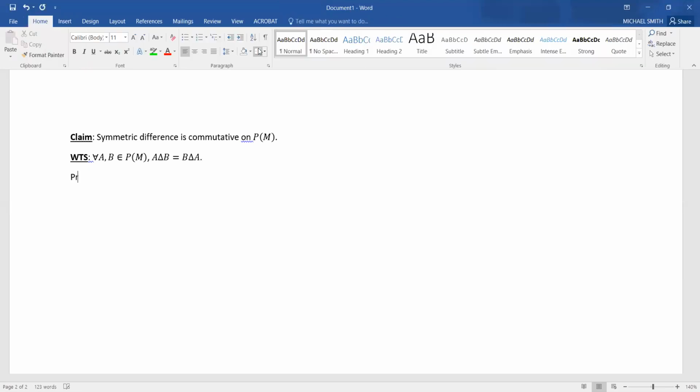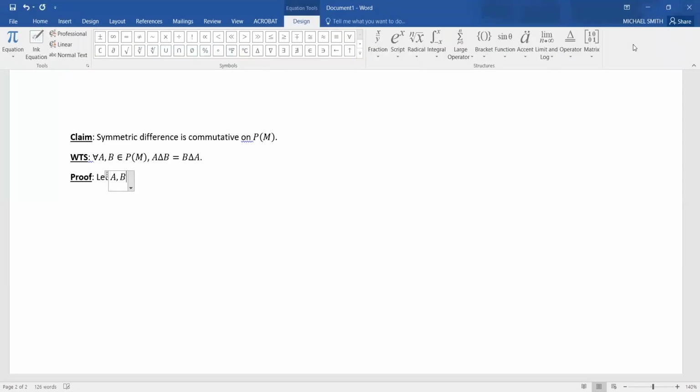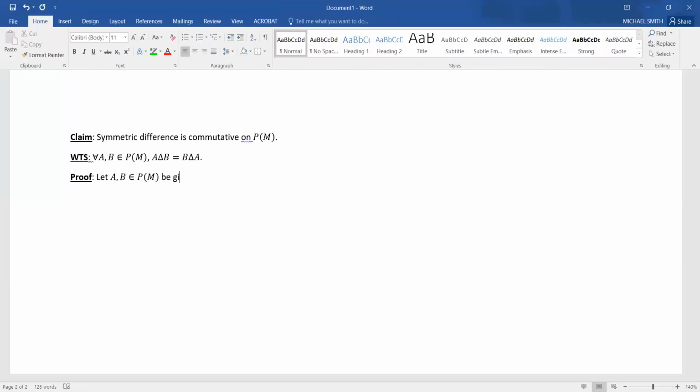Now, this is a quantified if-then statement. So we have a for all quantifier. So that means we need to begin by letting A, B in P of M be given. Now think about what A and B are.